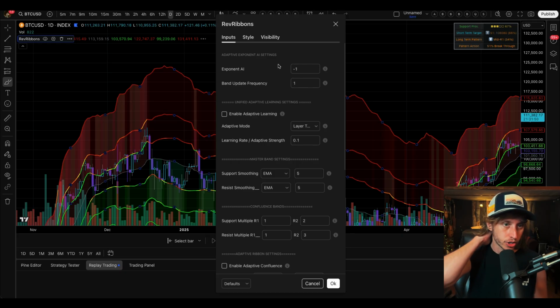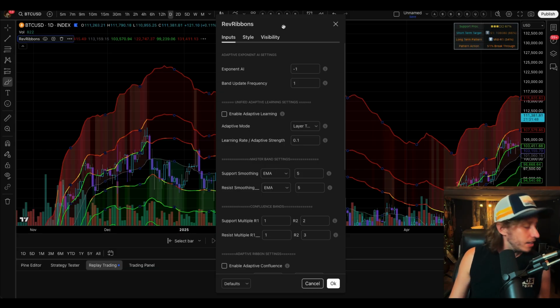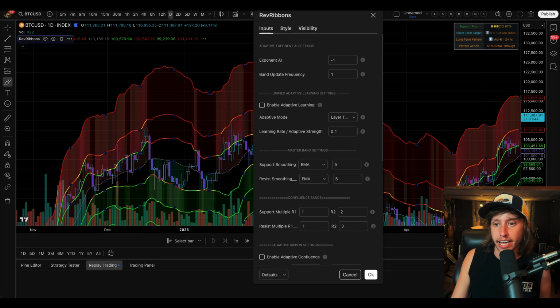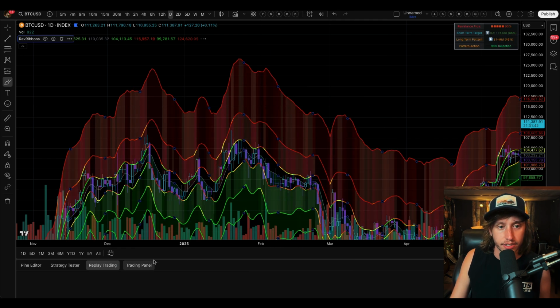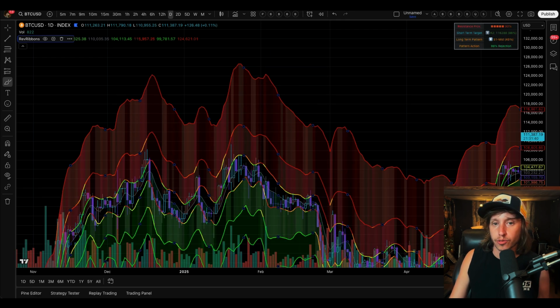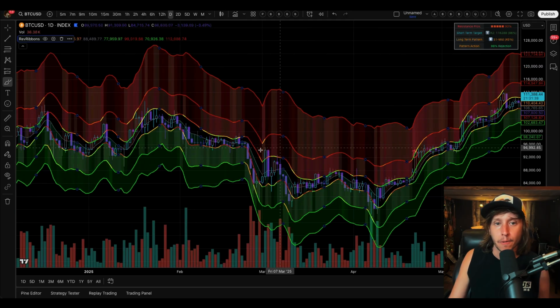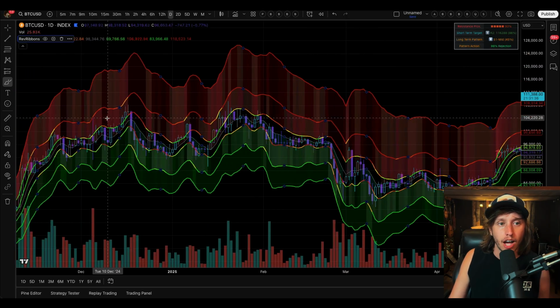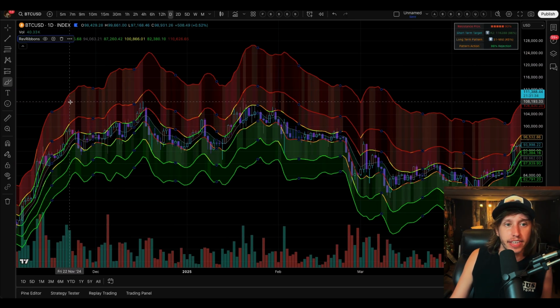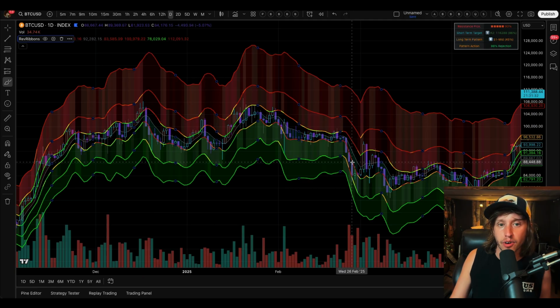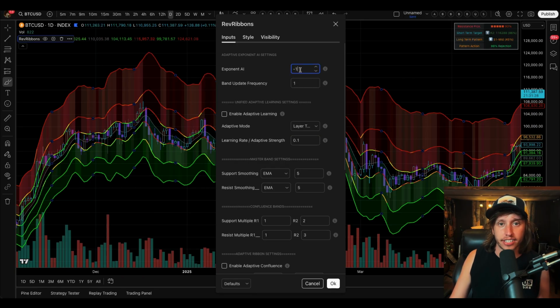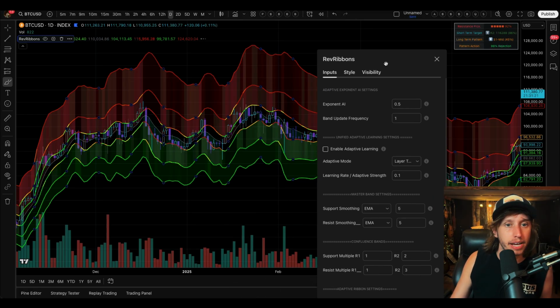So if I'm trying to work on a new time frame, new asset, new scenario, I'll start by messing around with the Exponent AI and just see how price interacts with the bands, and see if changing that 1, 2, 3. You can even try decimals like 0.5. I find that whole numbers are generally the best, but who knows?